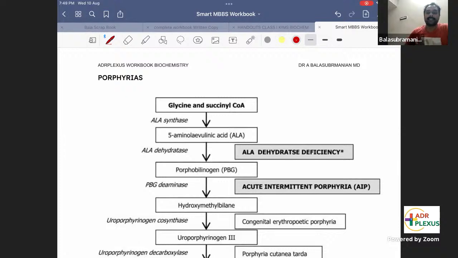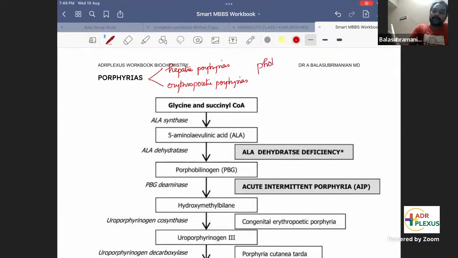The basic classification of porphyrias is two: hepatic porphyrias, the ones which affect the liver, and then erythropoietic porphyrias. Porphyria is basically accumulation of porphobilinogens or porphyrinogens, and all the porphyrinogens have a typical tendency to cause photosensitive lesions.